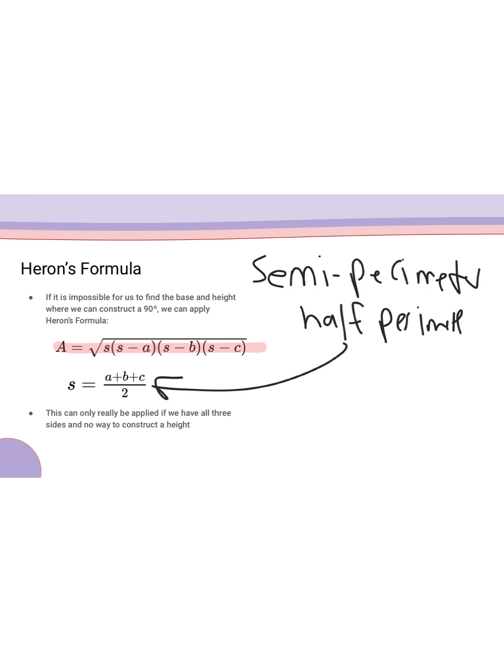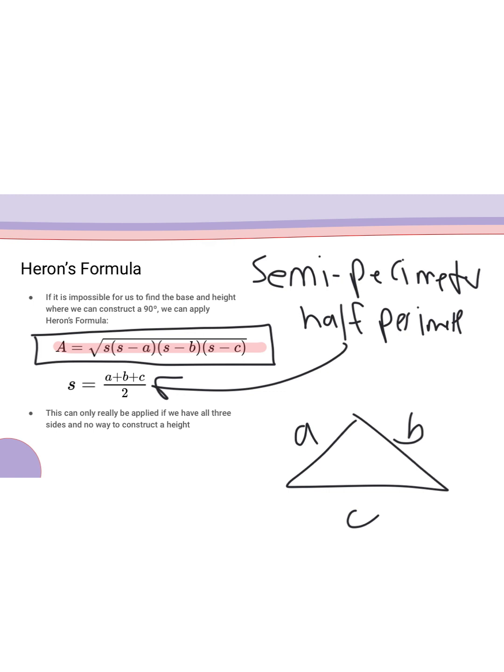That's A plus B plus C, the sides of a triangle. Now to find the area, it's this equation here. So area is the square root of the semi-perimeter times the difference between the semi-perimeter and the first, second, and third side. So we're going to use that formula on our next triangle here.